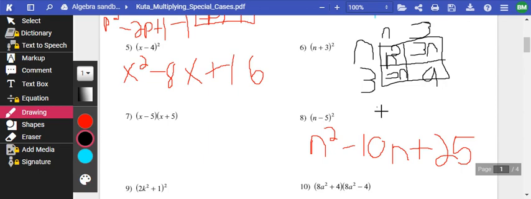So we end up with n squared plus 6n plus 9. So the only difference between when it's negative and when it's positive is that the first and second terms are separated by a plus sign instead of a minus sign. So that is special cases.